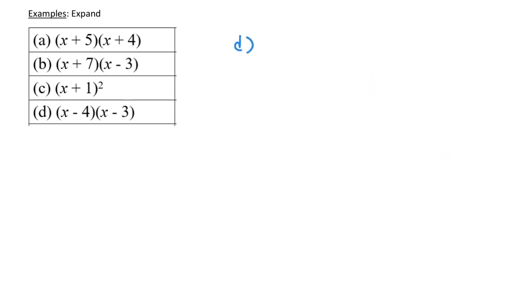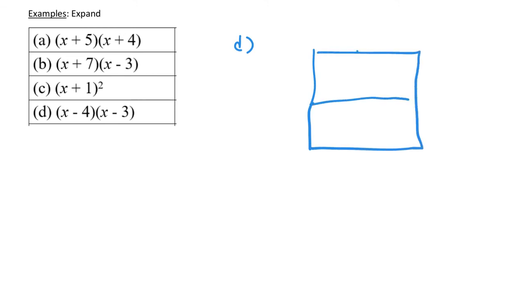And then D, I'm going to use the grid method for this. So the first bracket is x minus 4, so it's an x and a minus 4. The second bracket is x minus 3, so it's an x and a minus 3.